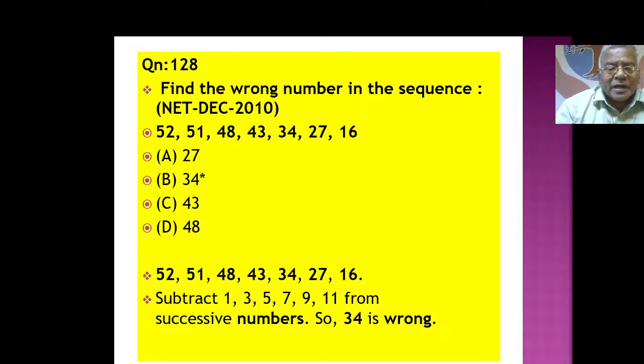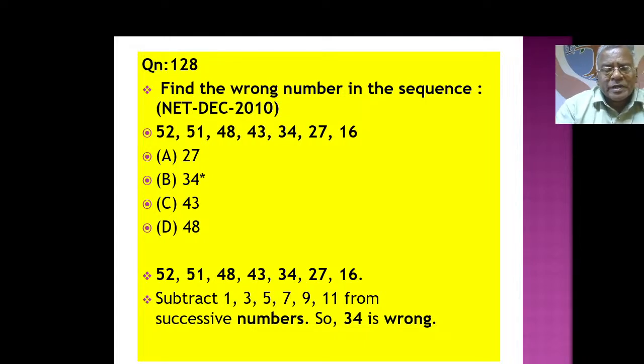And 34, 27, 9? Actually, 34, 27, 9. 27, 16, 11. The successive differences should be subtracting 1, 3, 5, 7, 9. Here, just see, after 43, that is minus 7.